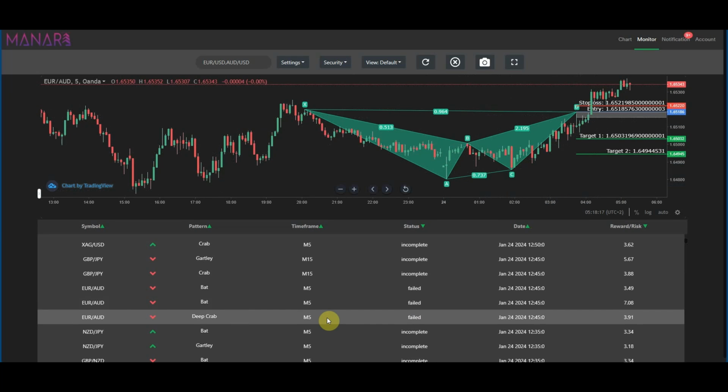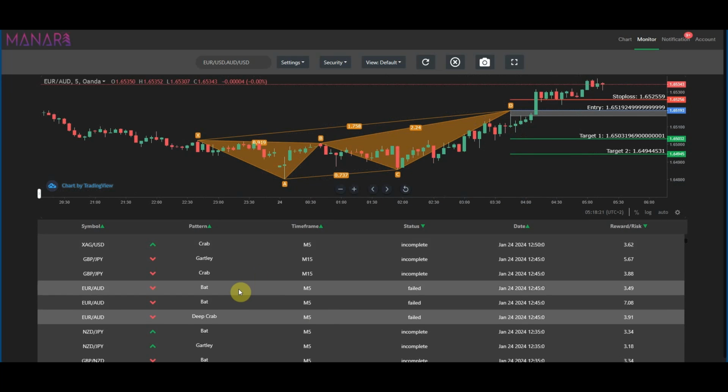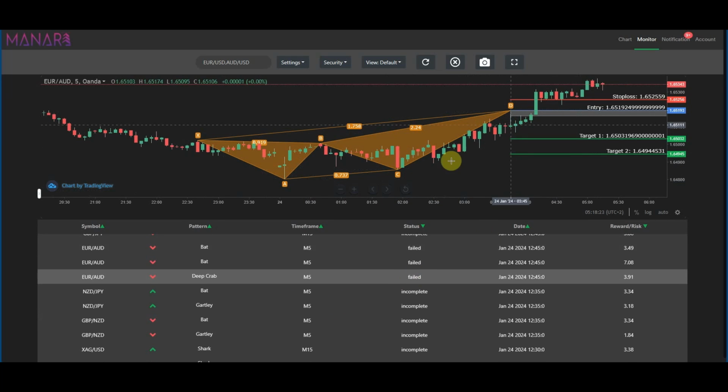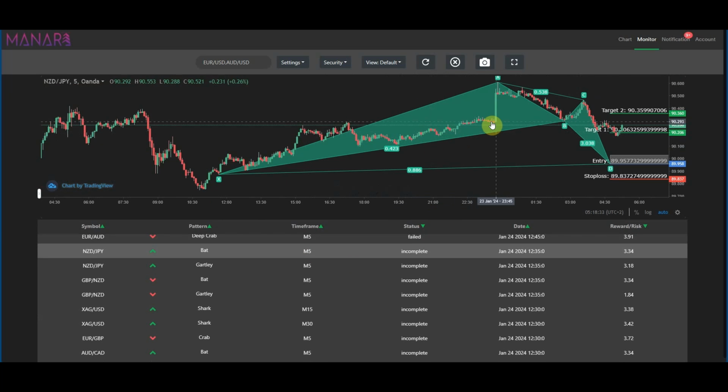So we'll go down again. So we've got the Euro Aussie on a deep crab, C to D once again, hit, even though this has failed as a trade setup, but the incomplete alert made it go quite nicely. Have a look at what this incomplete one is showing. A, B, C. We're looking for the final element to complete this pattern.